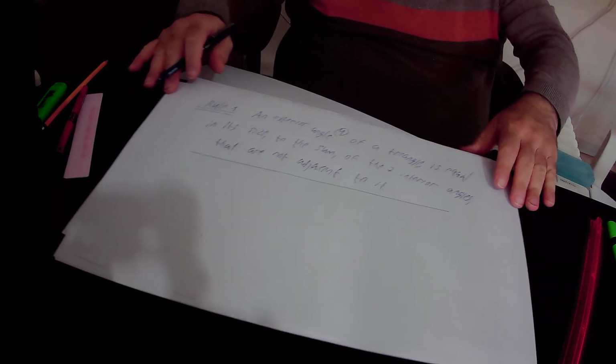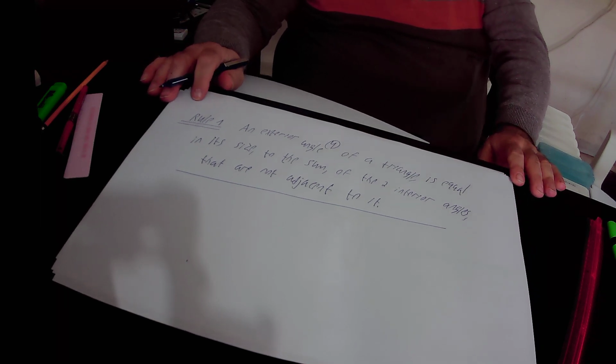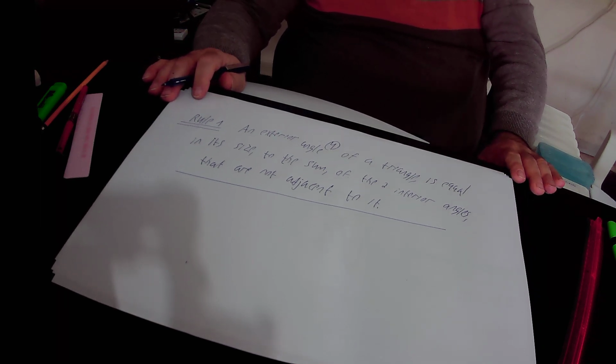So I write rule number 1 again. According to rule number 1, an exterior angle of a triangle is equal in its size to the sum of the two interior angles that are not adjacent to it.